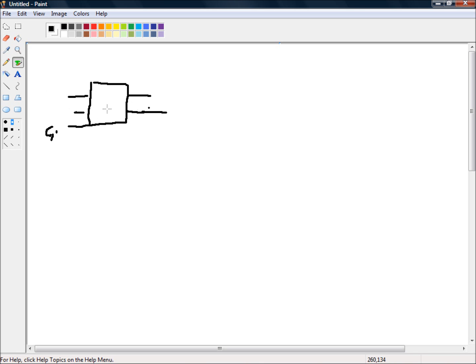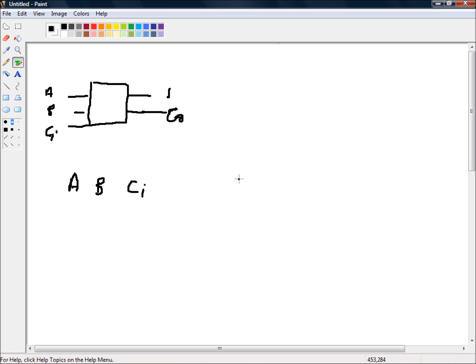Okay, so what do we want this full adder to do? Just fill in the other inputs, and then we want a sum and a carry out. Alright then, so let's draw a truth table of what we want it to do. Our inputs are A and B, and carry in.